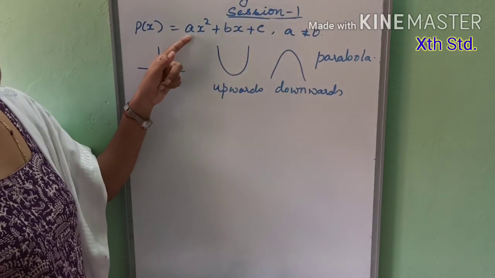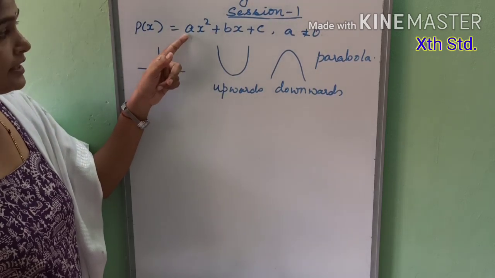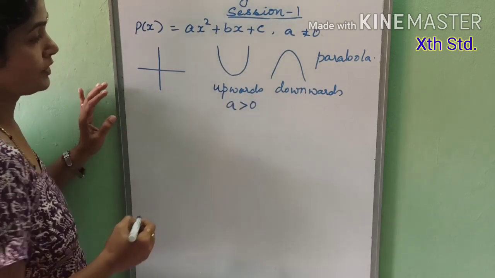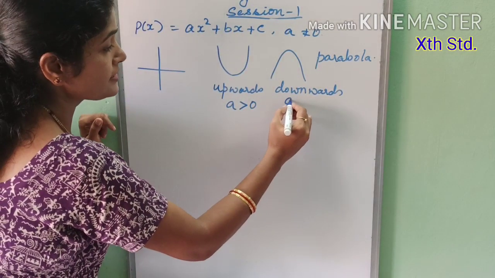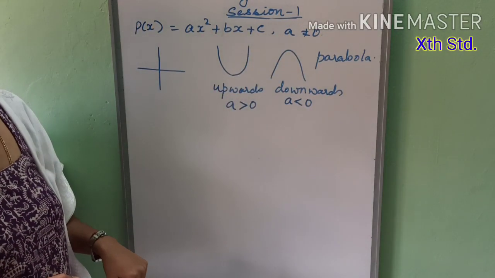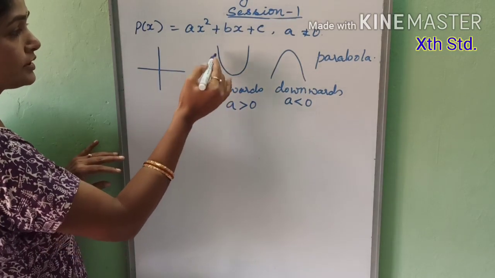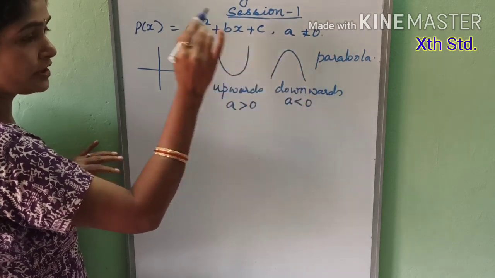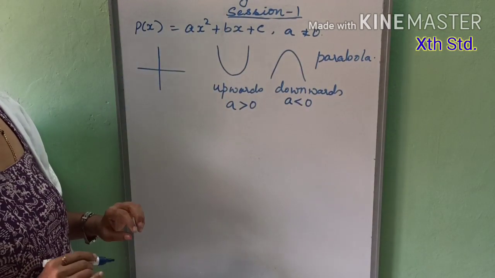The coefficient of x square in the standard form is a. If a is greater than 0, the graph will open upward, and if a is less than 0, the graph will be downward. So the shape of the graph will be either an upward curve or a downward curve depending upon the coefficient of x square.